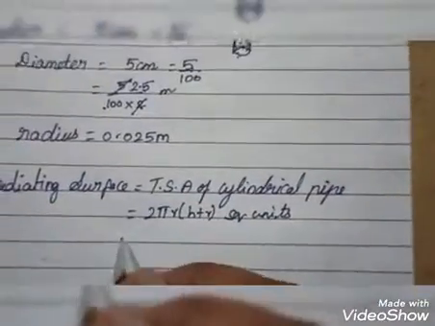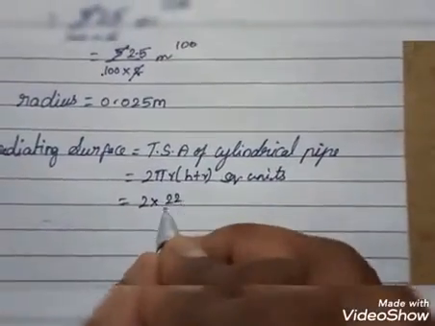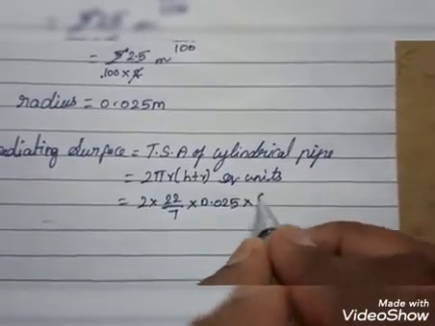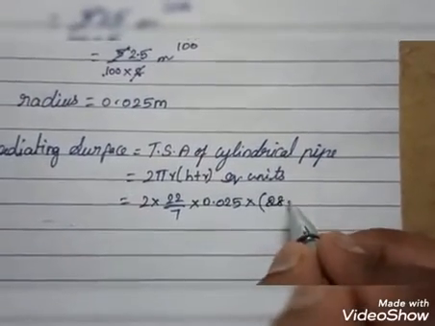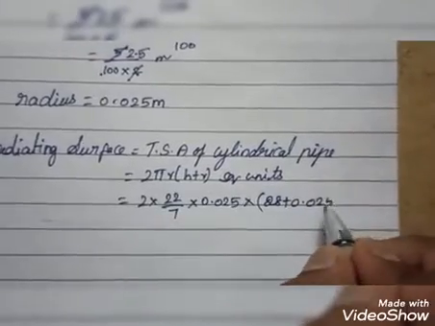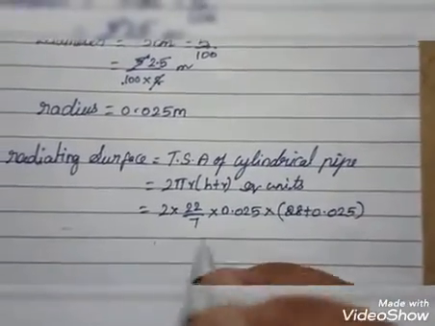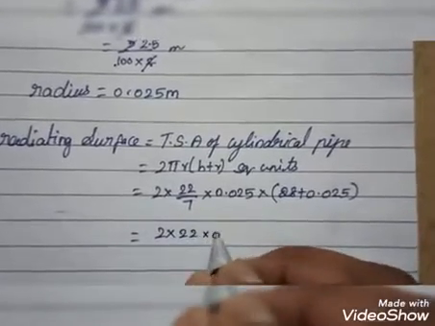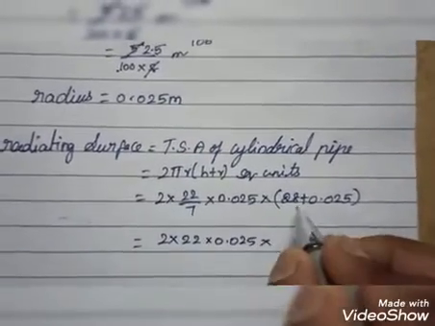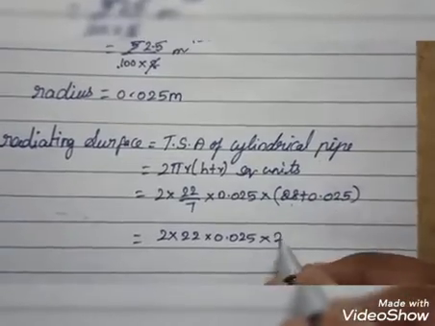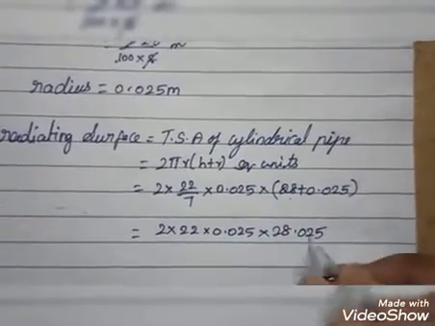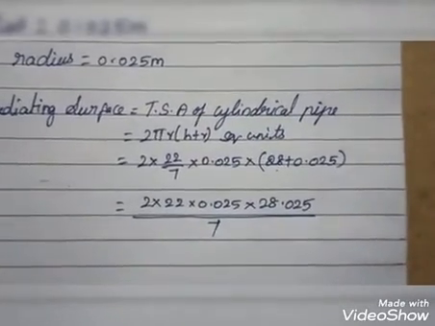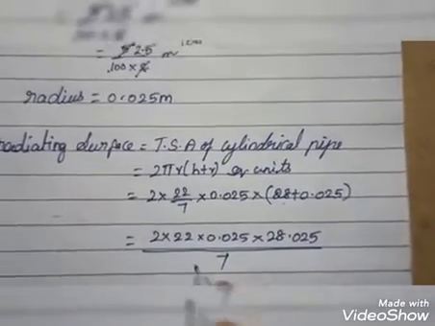You know the values, so substitute: 2 into 22 by 7 into 0.025 into (h is 28 plus 0.025), so 28.025, divided by 7. Now you need to cancel everything.